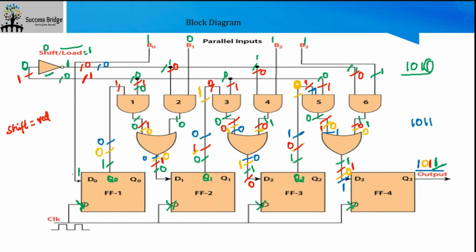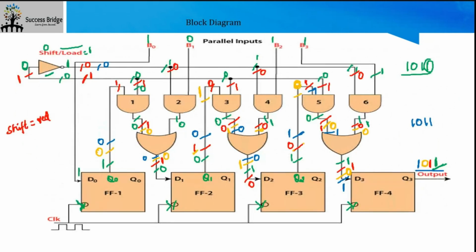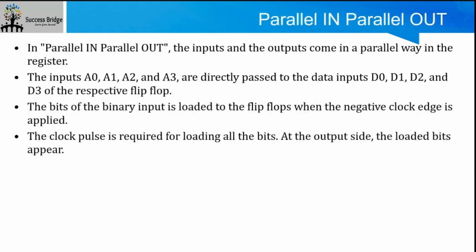That means data is coming in parallel, so the input of each flop is coming at a time. Parallel input you are getting, and you are collecting the serial data on a single data bus like this. So they will have load mode and shift mode.